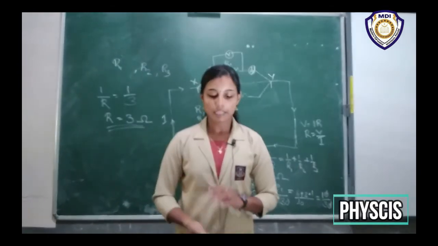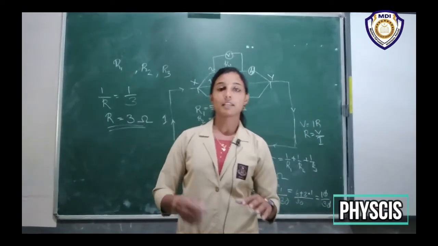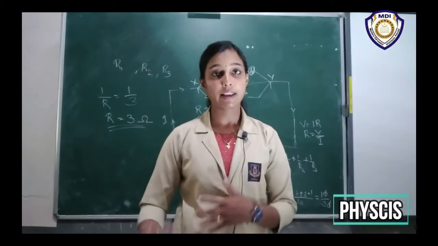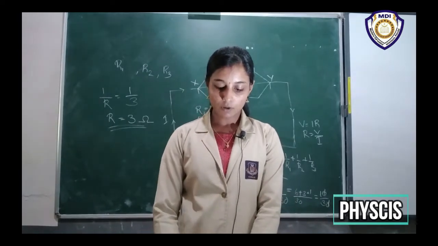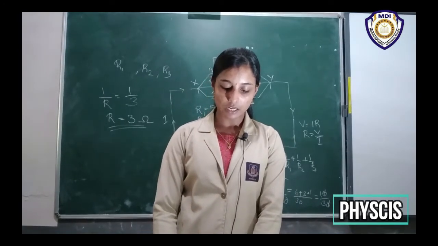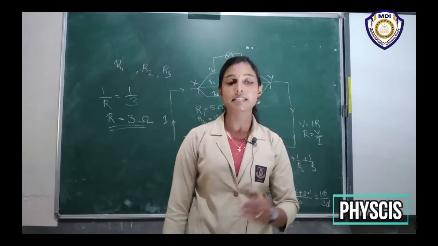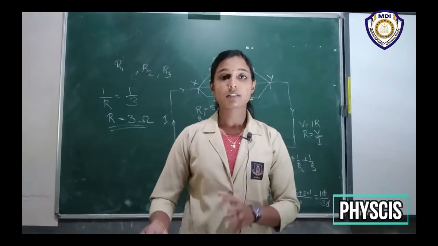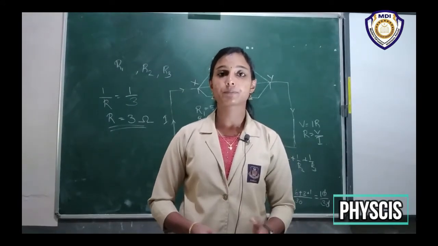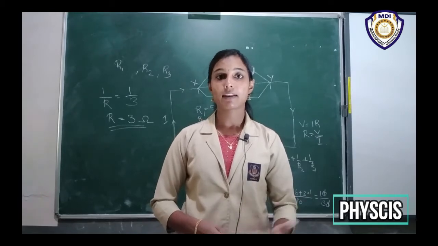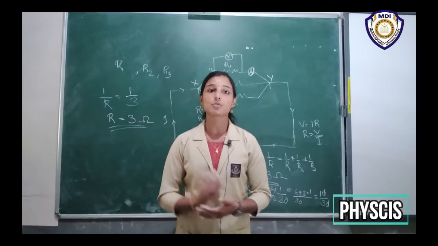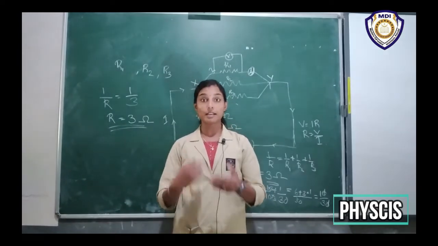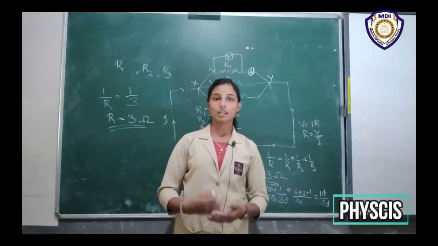So, an electric bulb and an electric heater require different currents. But it is obviously impracticable to connect the electric bulb and electric heater in series. These two need different voltage or different current to work.